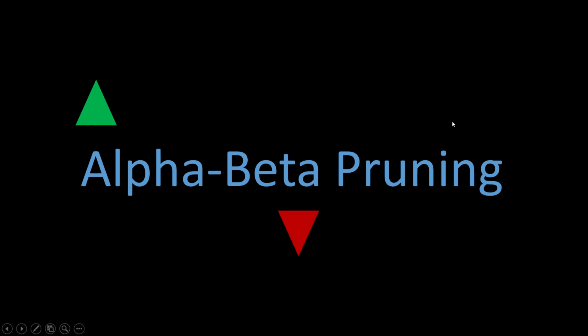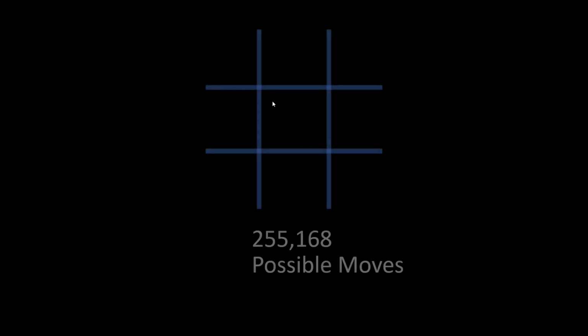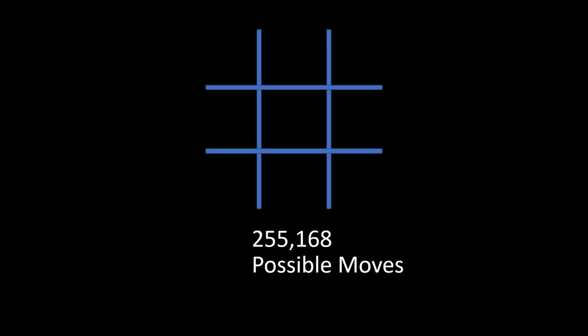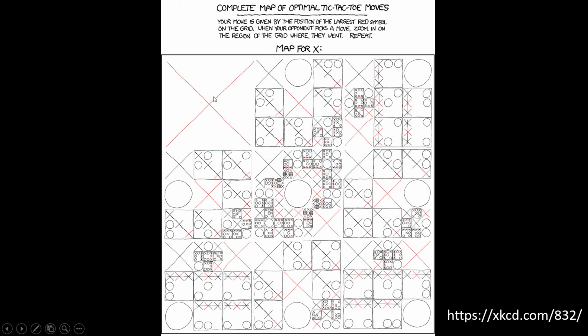But here comes the problem, because minimax itself has a big problem, even if we apply alpha beta pruning, when searching big problems. After all, we are looking at tic-tac-toe. Even though there are a lot of possible moves or possible states inside this game, it's still nothing compared to a bigger game. Let's say chess.